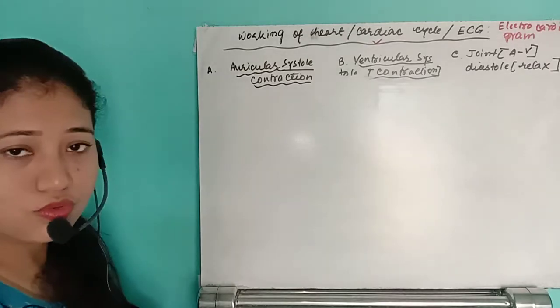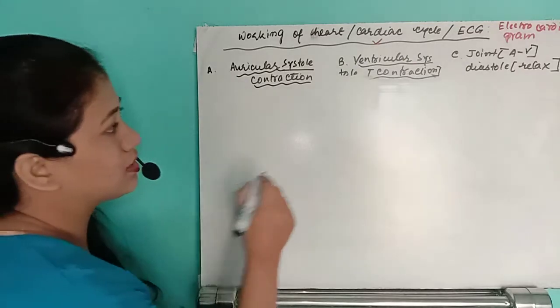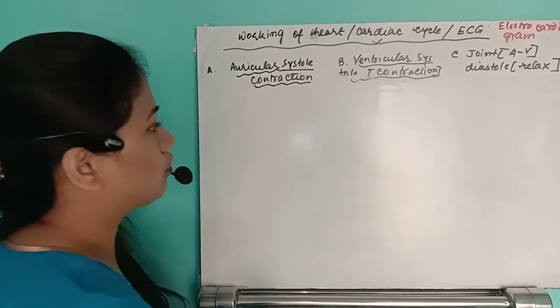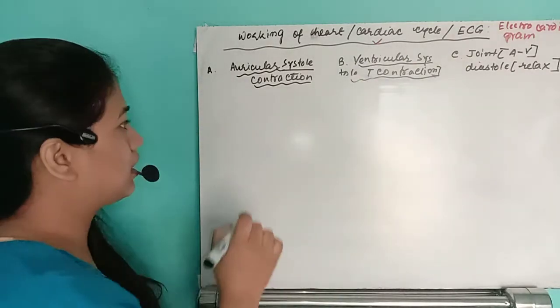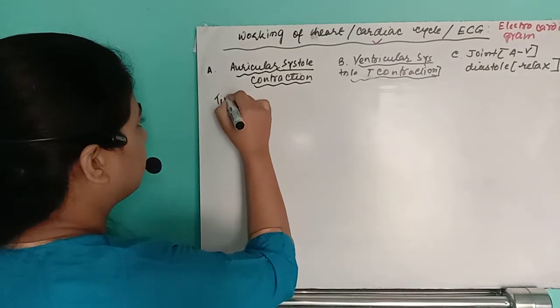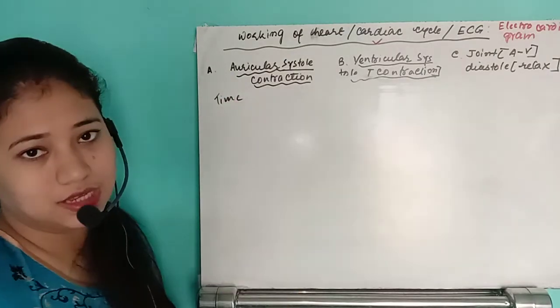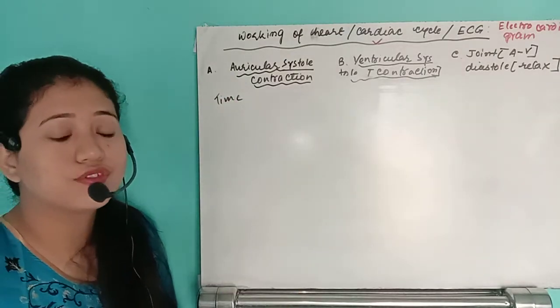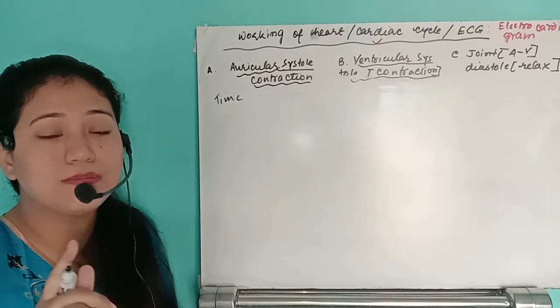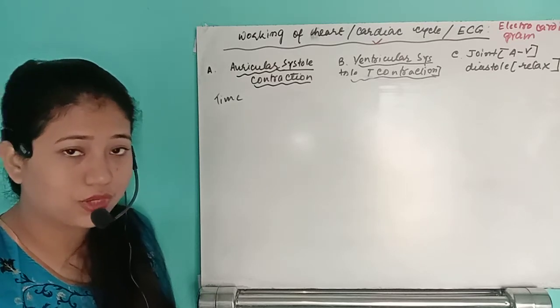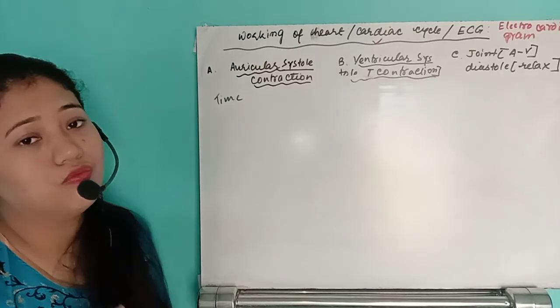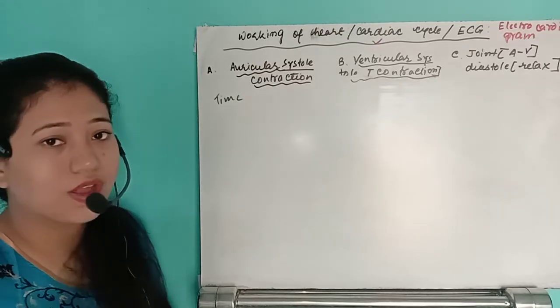First of all, we need to know the time required for the cardiac cycle. You have to divide 60 by 72, and then we will get the time required for the cardiac cycle.